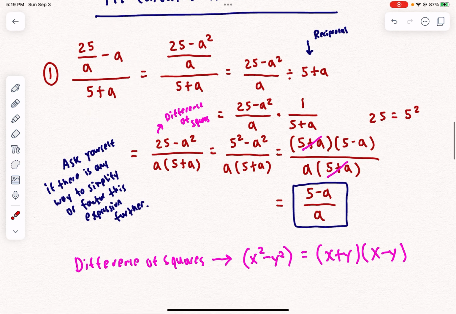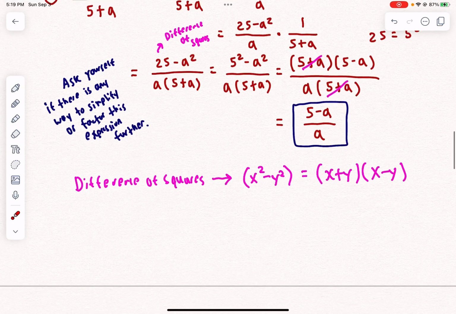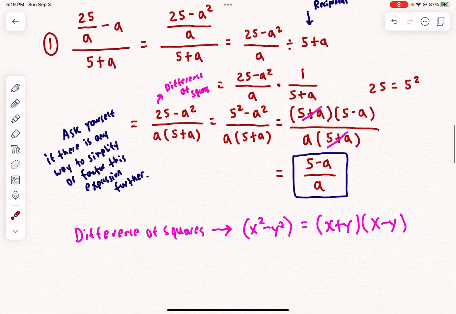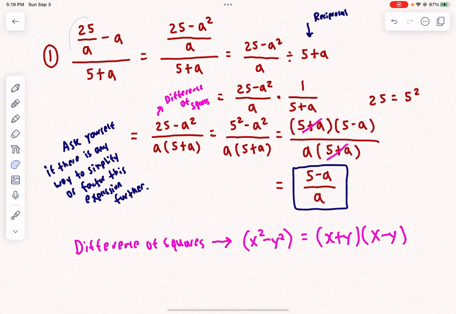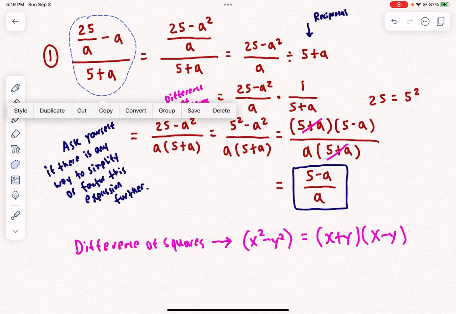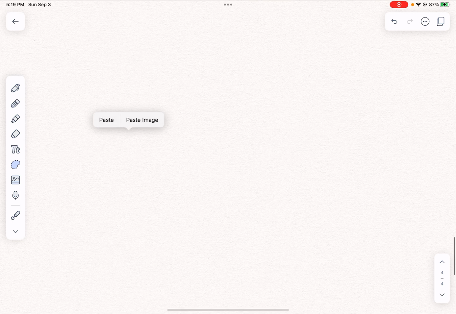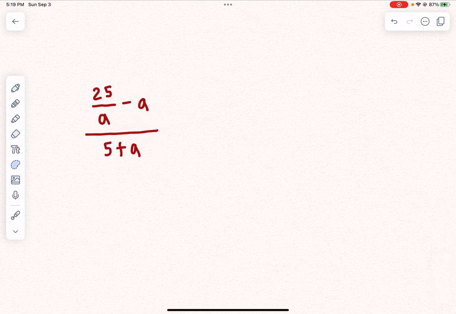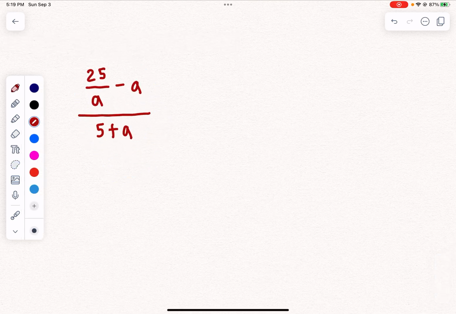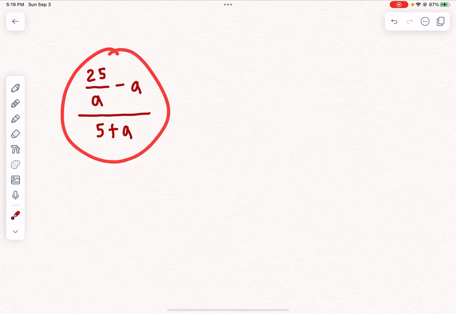Another alternative way, which is a little bit more efficient, is I'm going to copy the beginning here. So once again, we just went over one way of simplifying this expression.